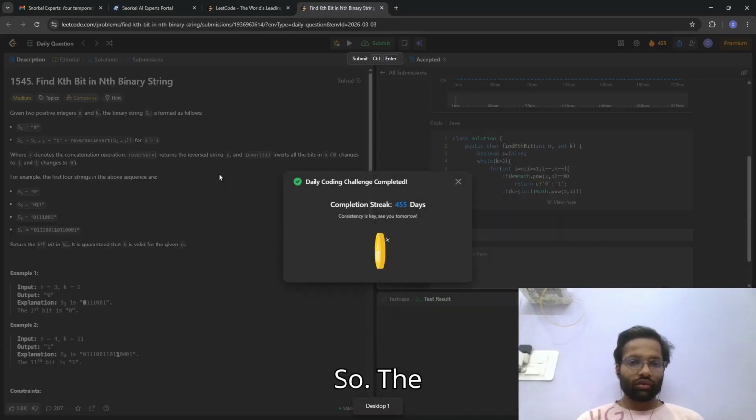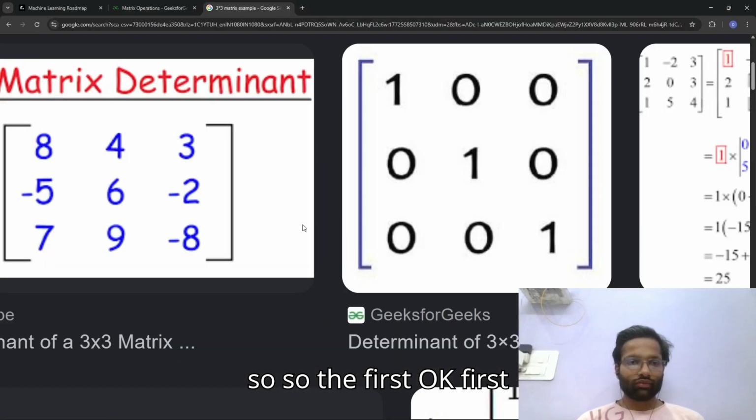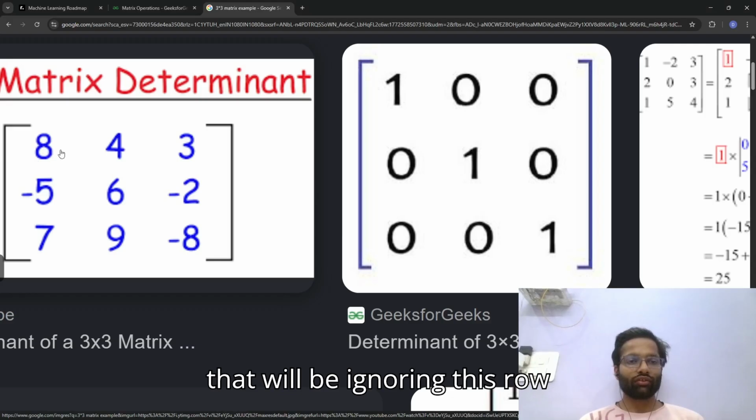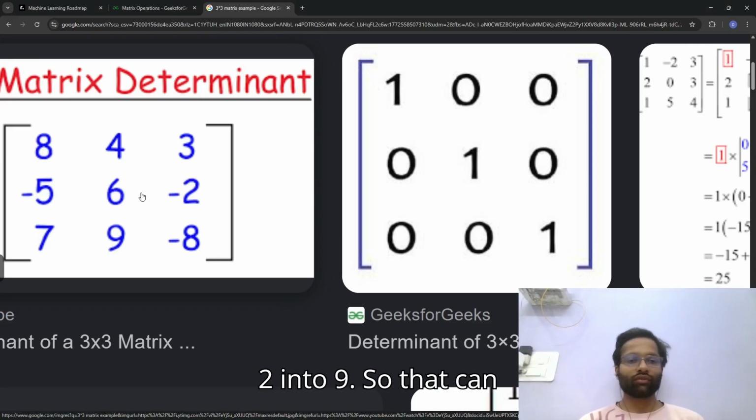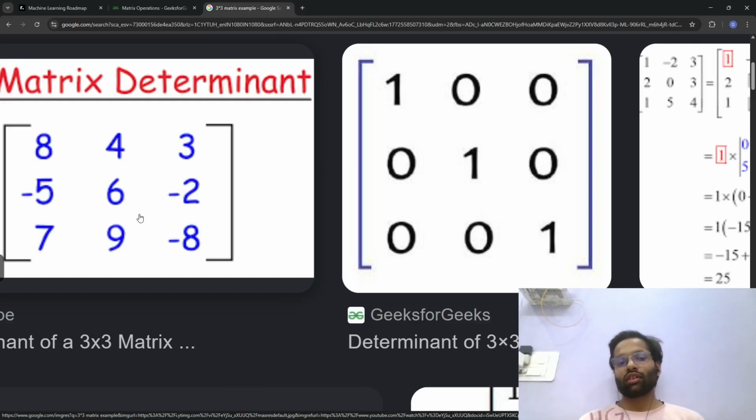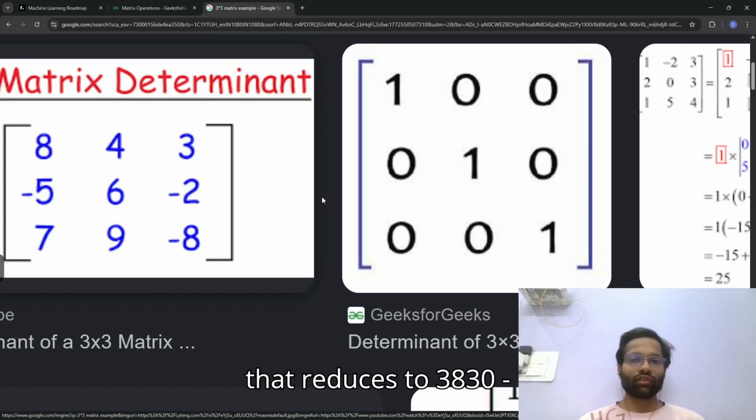So the first element is 8. The adjoint of that will be, ignoring this row and this column, 6 into minus 8 minus 2 into 9. So that can be minus 48 minus minus plus 9, 18, minus 48 plus 18. That reduces to 30. 8 times 30 minus 240.